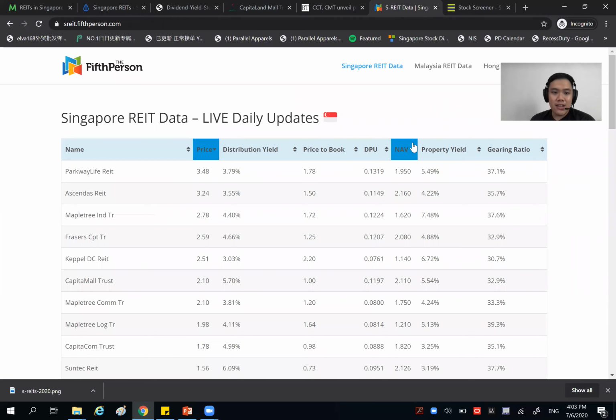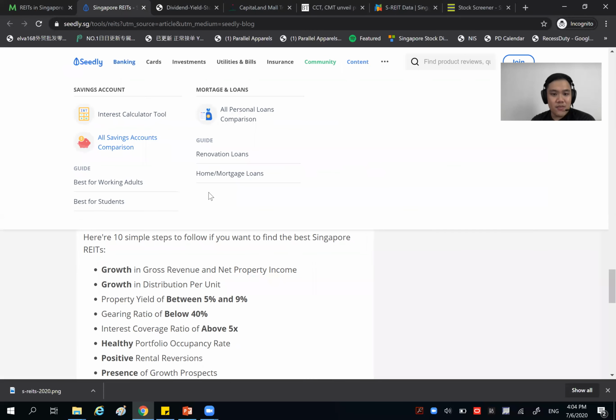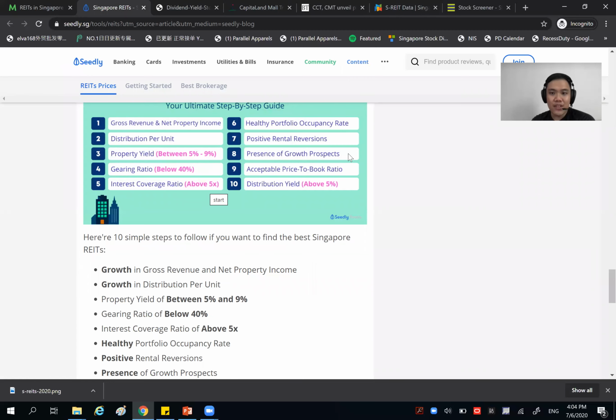Okay, I would just like to bring you to this website, where they compile Singapore REITs data just for REITs. If we take a look at CapitaLand Mall Trust, it's currently last trading at 210, 212 in fact. I think this is not yet updated. The distribution yield is 5.7%. So if you refer back to the step-by-step guide, it actually fits our criteria of being between 5 to 9.